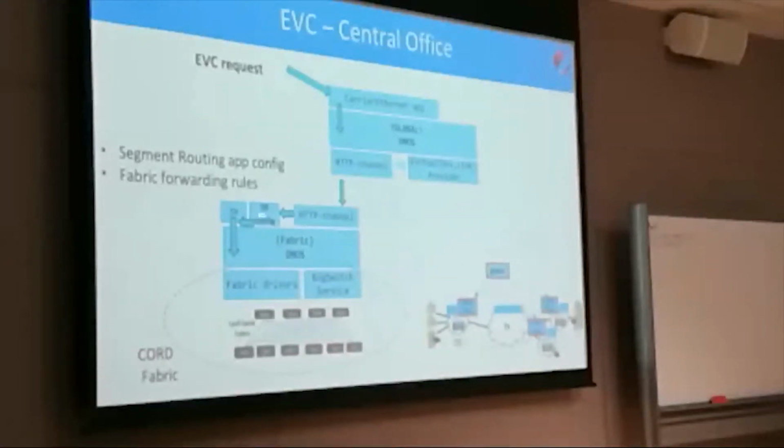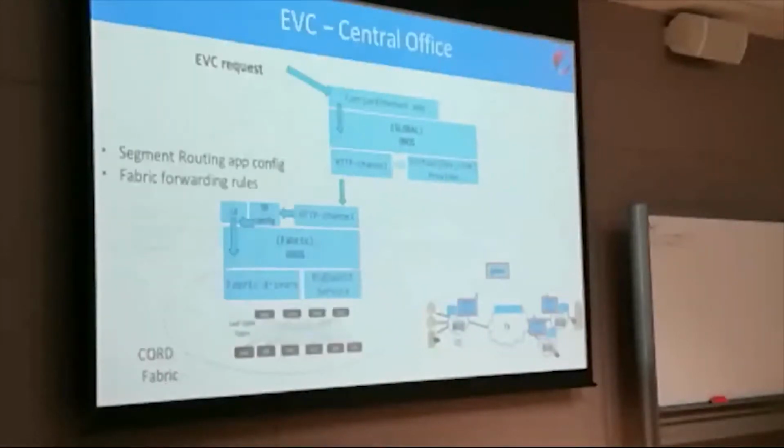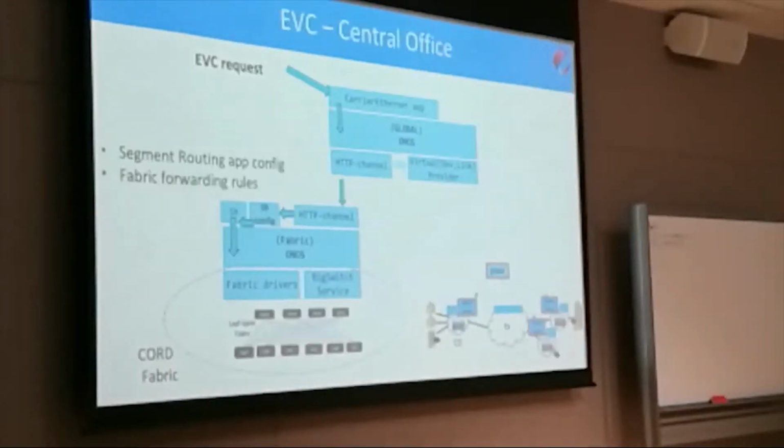So the implemented interface here is the same as here, but the implementation is different, because here you want to cross-connect the fabric for end-to-end connectivity, while here you want to set up tagging and quality of service queues.